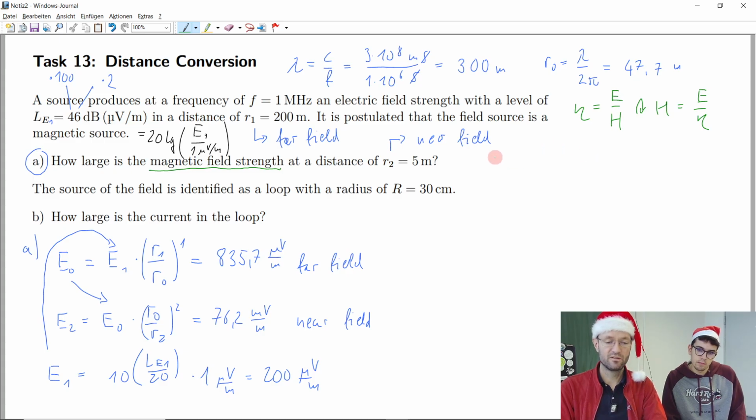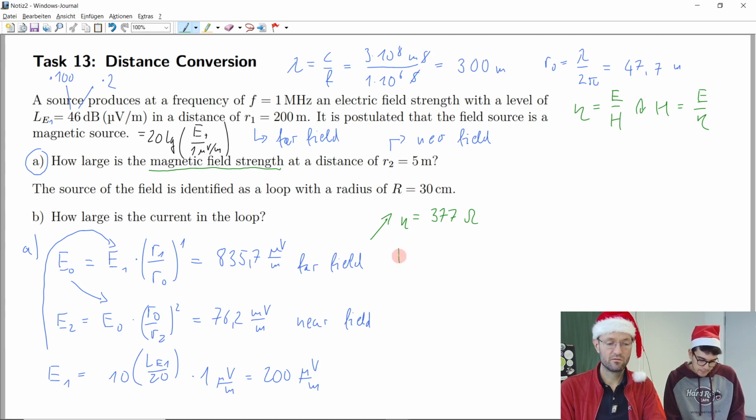So now the question is, how large is eta? If we are in the far field, eta is 377 ohm, approximately.